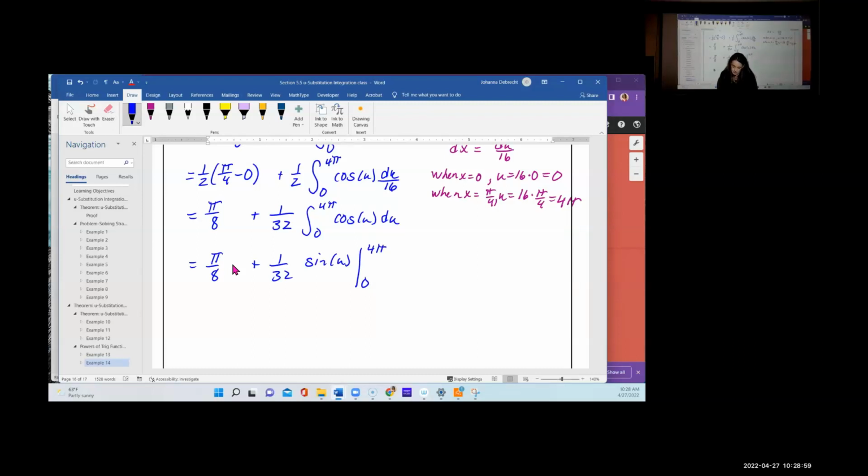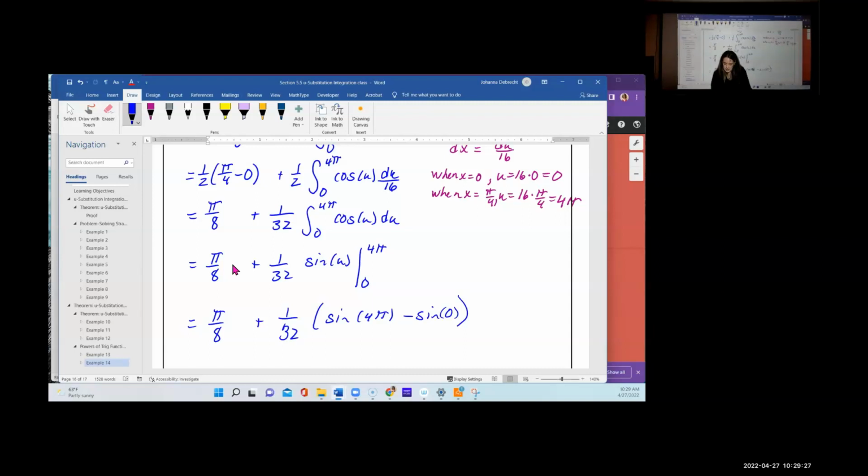Now you're going to see something interesting happen here. Leave the 1 over 32 outside, and you have the sine of 4 pi minus the sine of 0. What is the sine of 4 pi? 0. It is 0. And what's the sine of 0? 0.